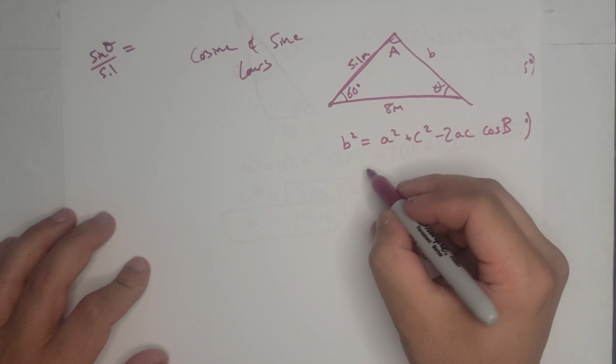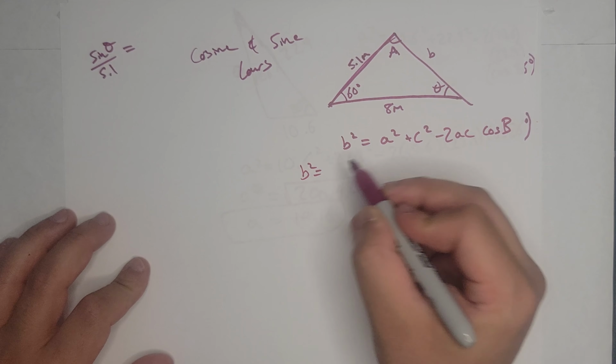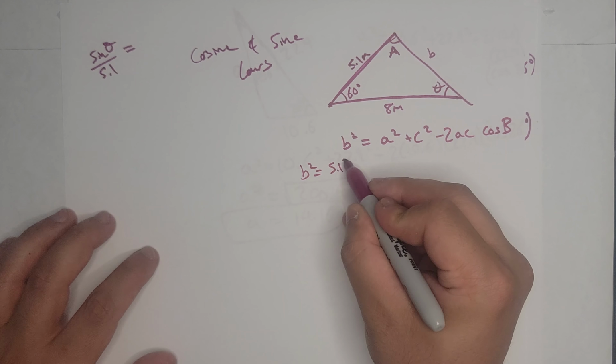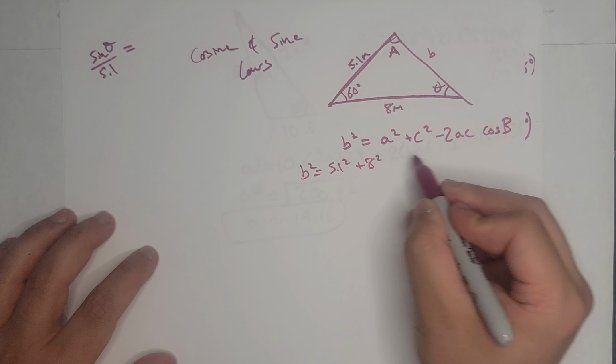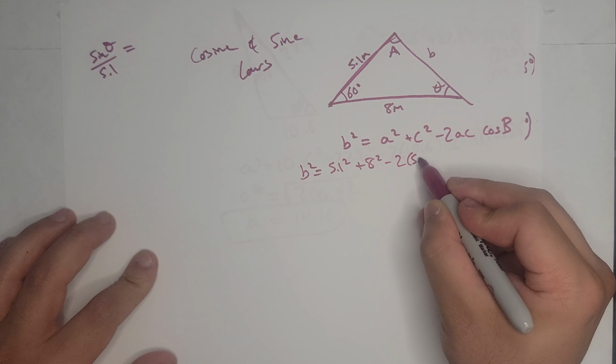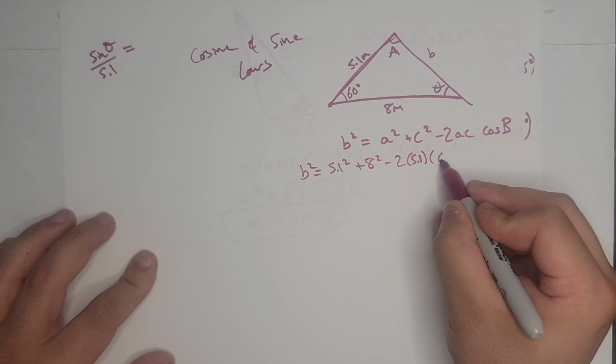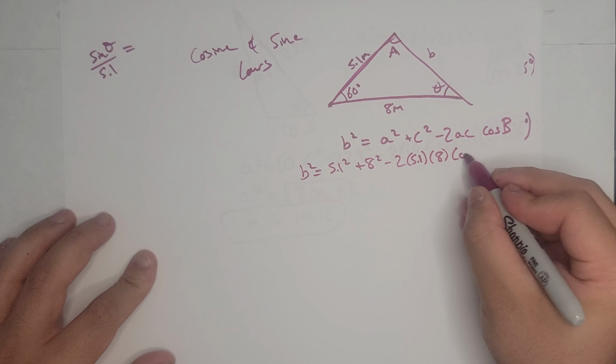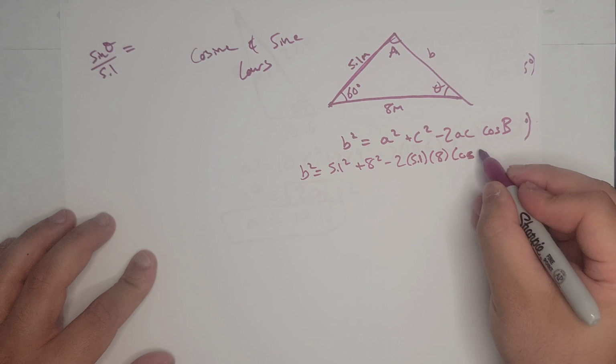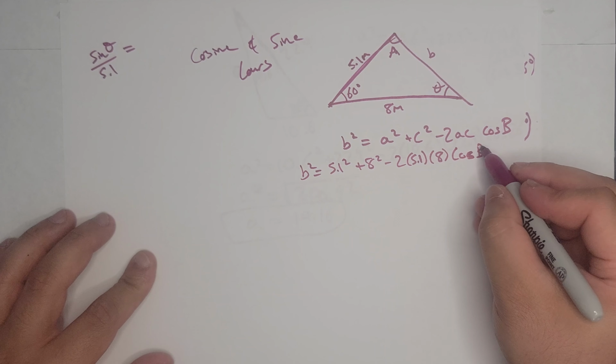So if I was to plug this in, I would get B squared is equal to 5.1 squared plus 8 squared minus 2 times 5.1 times 8 times cos 60. Sorry.